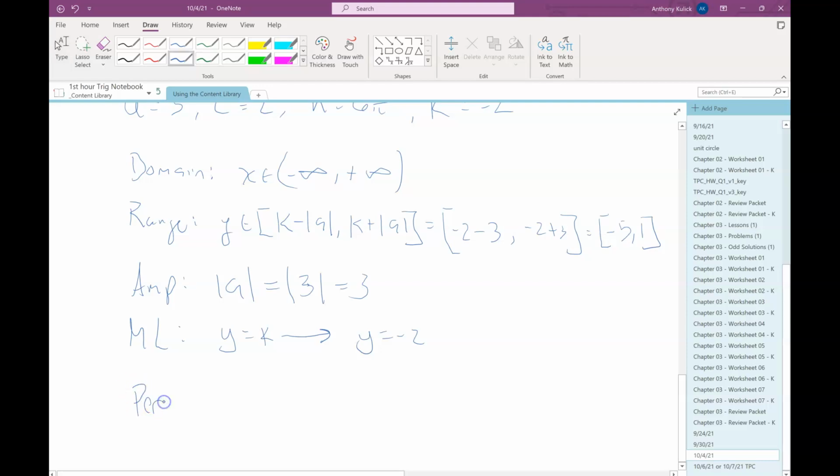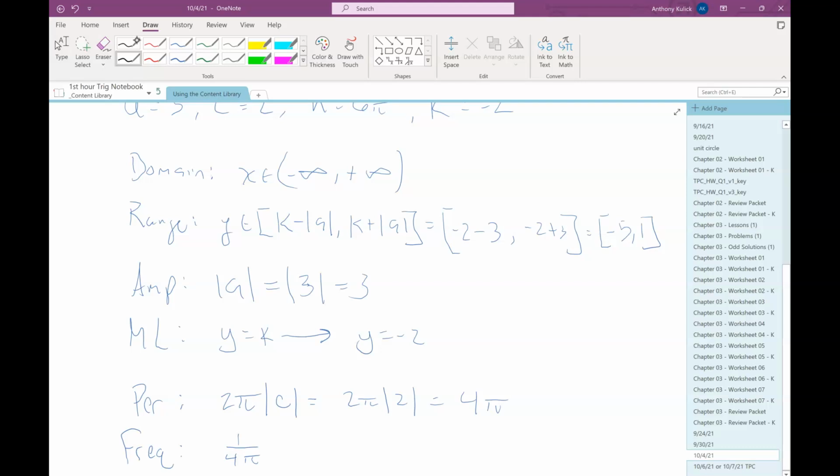The period is 2 pi times the absolute value of c. In this case, my c is 2. So that's going to just give me 4 pi for my period. And my frequency is always the reciprocal of my period. So 1 over 4 pi. You guys feel good about doing something like that?